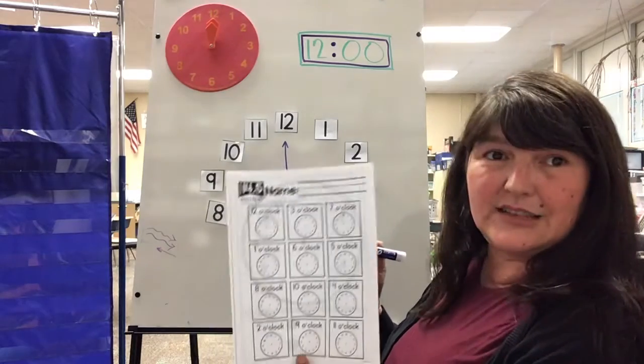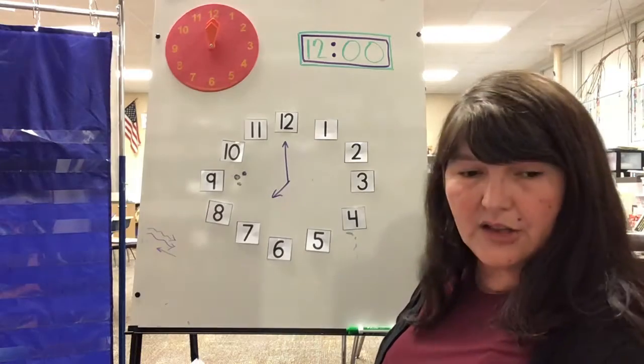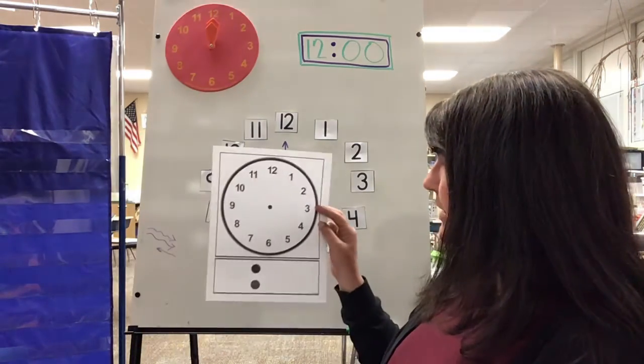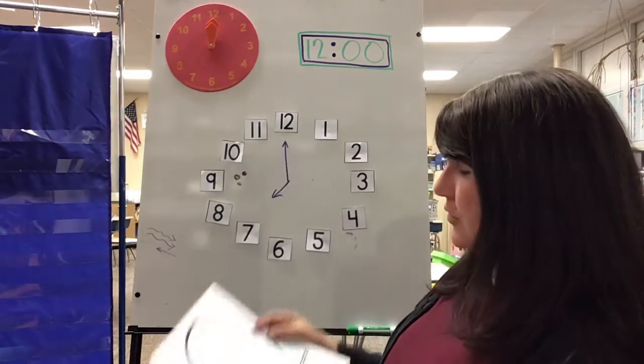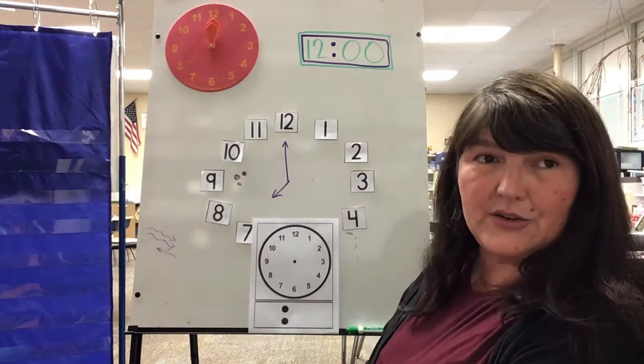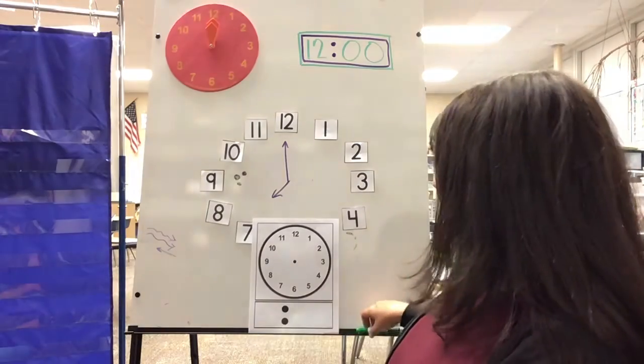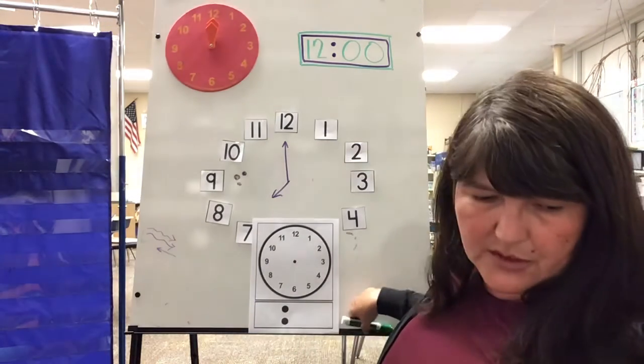So that's 7 o'clock. Now this great big clock face is for you to practice. You will use this inside of your dry erase sleeve, and that way you can do it more than once. You could say, I'm going to do 5 o'clock. I'm going to use marker on mine because I'm only going to do the one example.